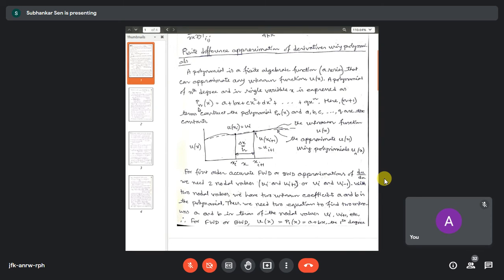Then you can take the derivative here and easily do it. This is the logic of the polynomial method: based on the foundation you already have from forward, backward or central difference, you decide the appropriate degree of polynomial. If you want second order accuracy, forward or backward difference, then you have to go for 3 nodal points.